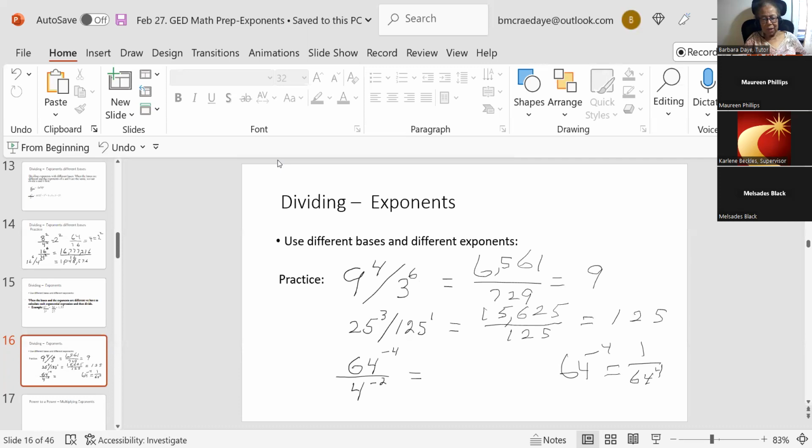All right. And 4 to the minus 2 is equal to 4 to the 2 over 1. Okay, so you can invert it and change the sign.